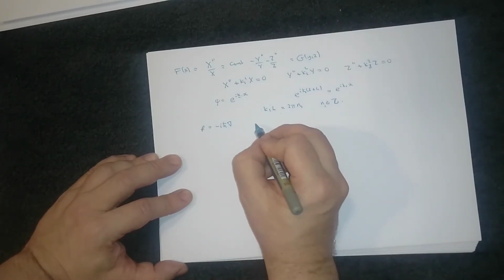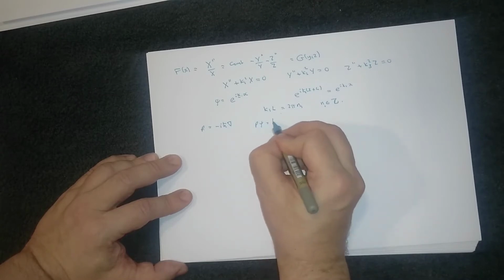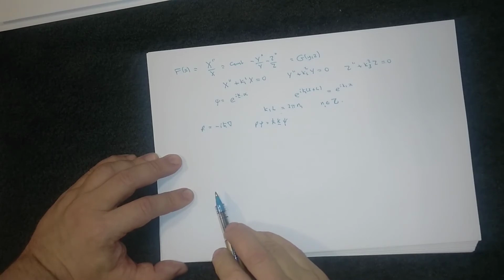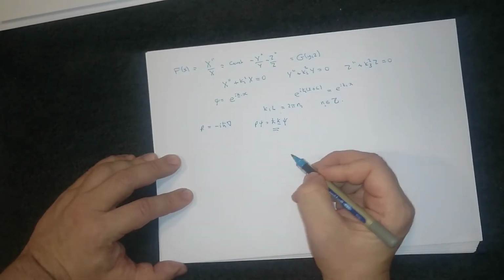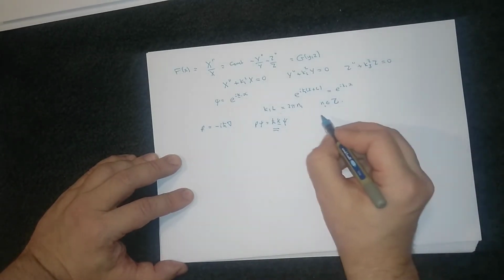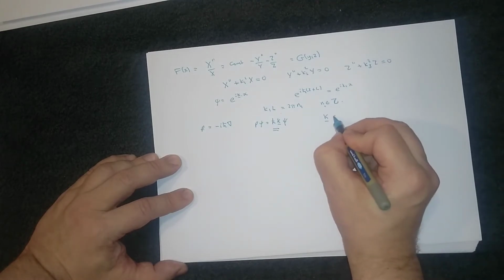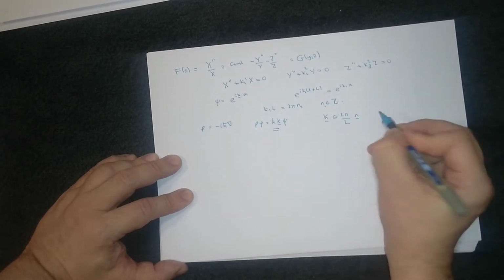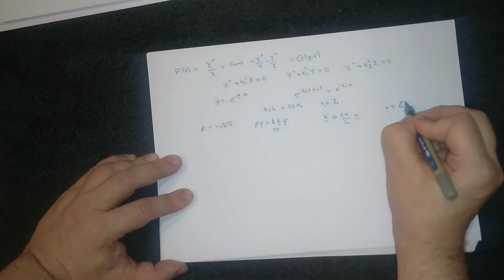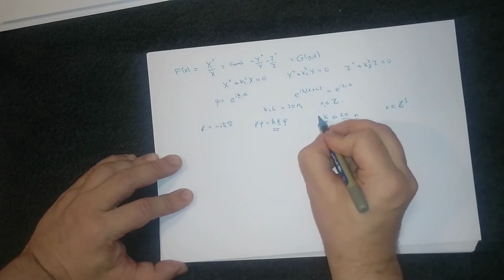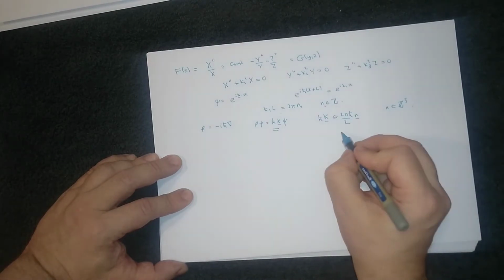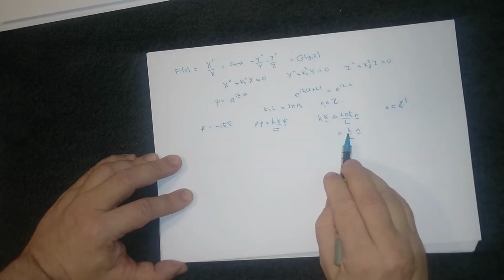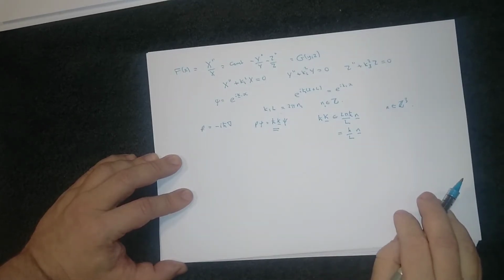So p psi is h bar k psi. The states we've found here are momentum eigenstates with this value of the momentum. And we know that the vector k is 2 pi over L times the vector n, where n is in Z cubed. So h bar k is h over L times n, where h is Planck's constant and h bar is the reduced Planck's constant.